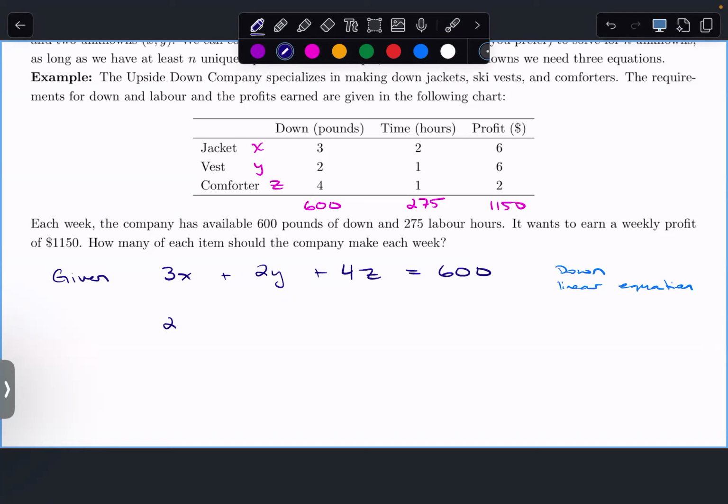Then I have 2x plus, did I write the coefficient of 1? You can in the beginning if you want 1 times y, but I'm just going to skip to y plus z is 275. And this is the time equation.